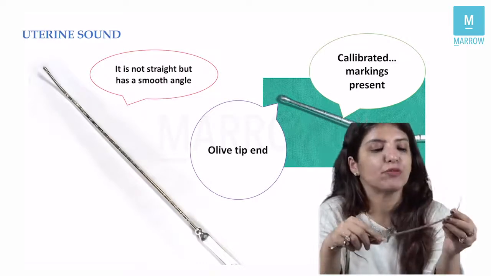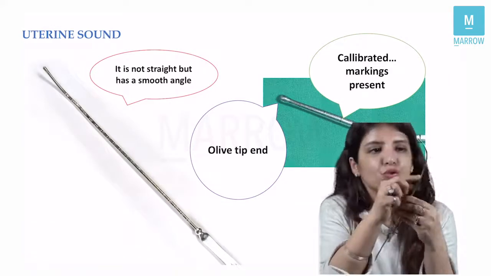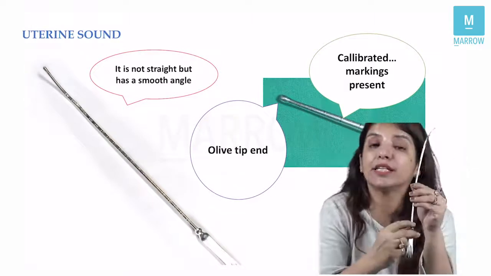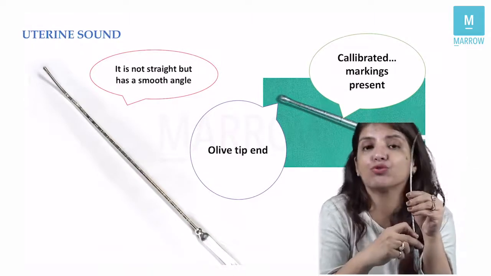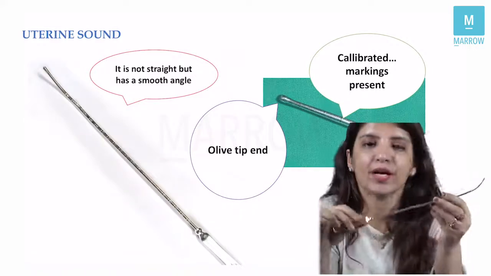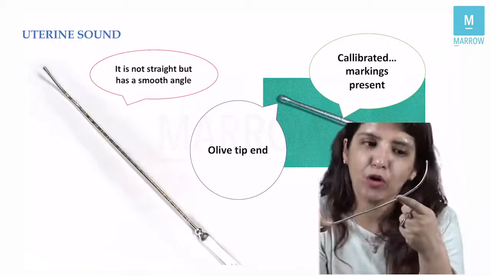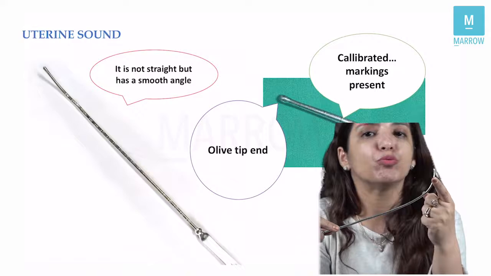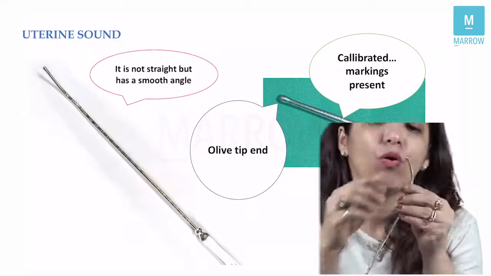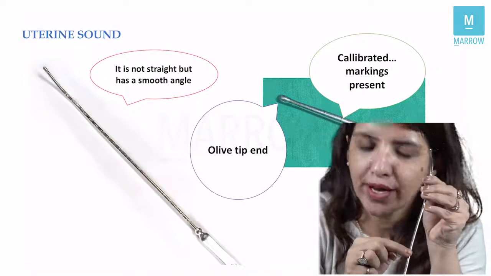The next thing to note is that it is calibrated, starting from 4 centimeters and going up to 30 centimeters, because it is used to measure the uterocervical length. Again, it is a metal tube with a prominent smooth angle, an olive tip, and it is calibrated, right?